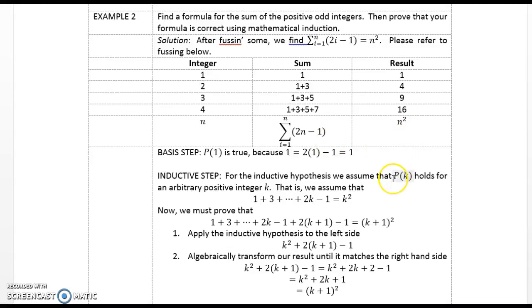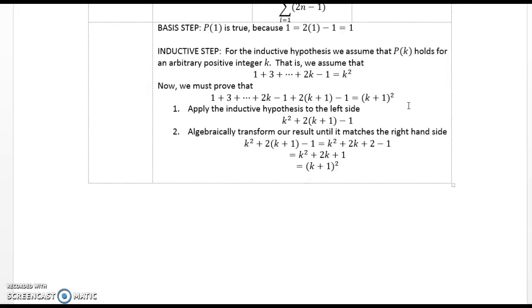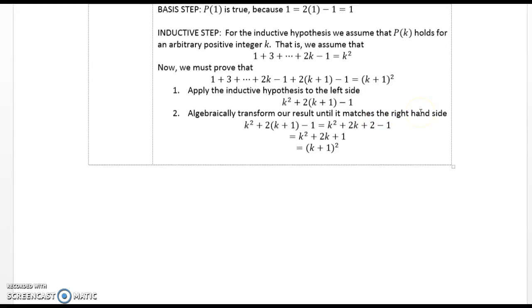Basis step. P of 1 is true because 2 times 1 minus 1 is equal to 1. Inductive step. For the inductive hypothesis, we assume that P of k holds for an arbitrary positive integer k. That is, we assume that 1 plus 3 plus ... plus 2k minus 1 is equal to k squared. Now we must prove that 1 plus 3 plus ... plus 2k minus 1 plus 2 times the quantity k plus 1 minus 1 is equal to k plus 1 squared.